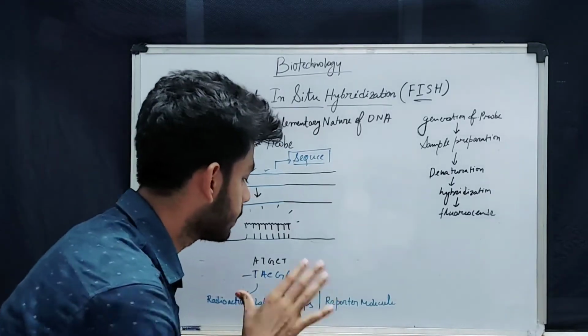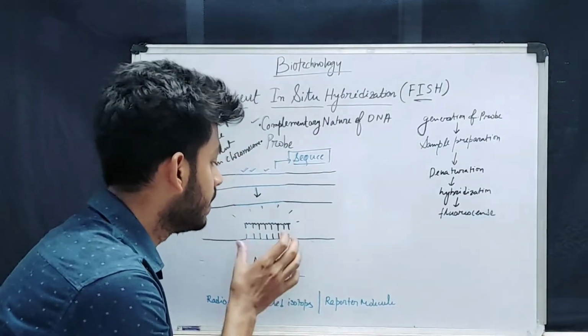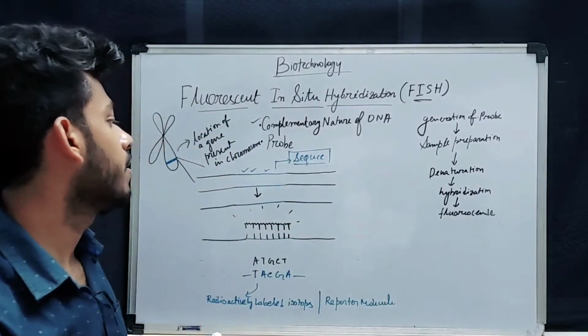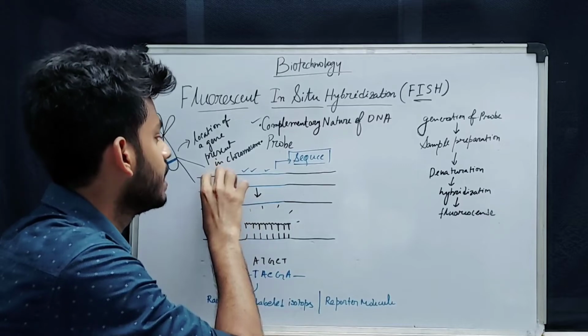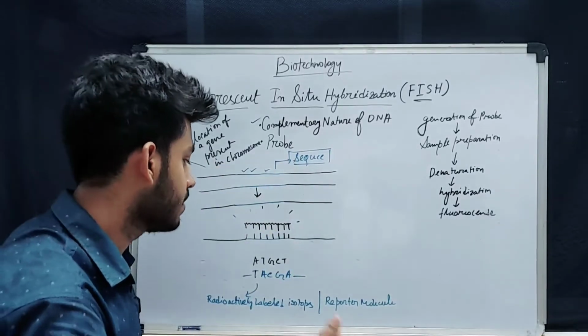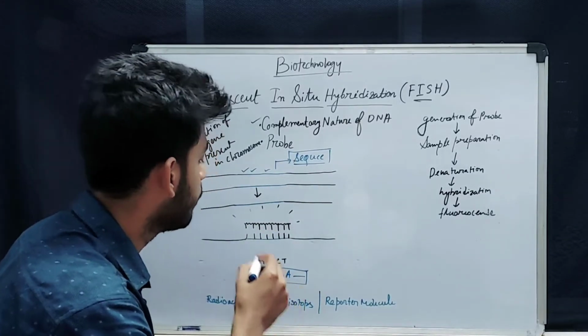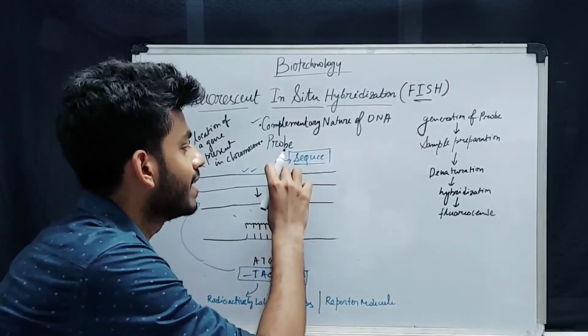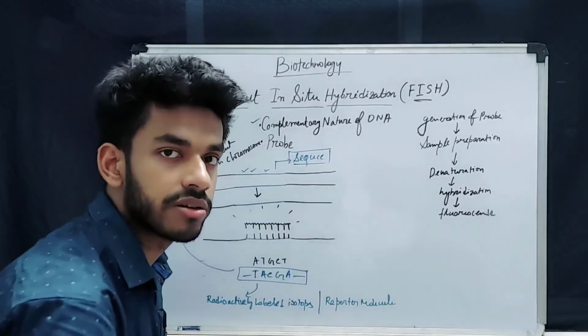So you have now developed a probe that is complementary to your known DNA sequence, and you know that DNA is double-stranded, so another short stretch of strand cannot bind to it unless you have converted that double-stranded DNA into single-stranded DNA.